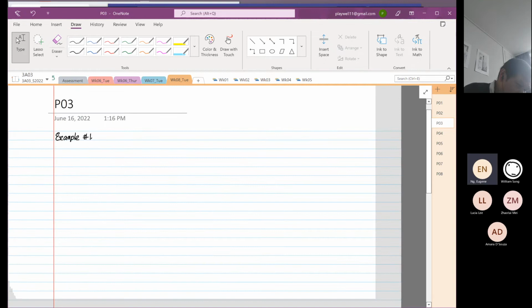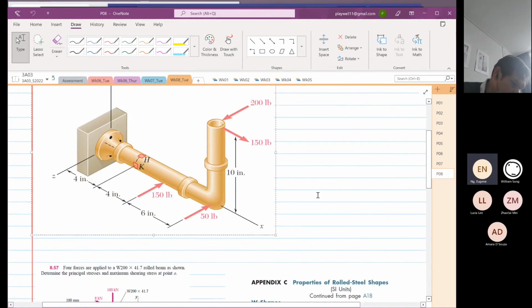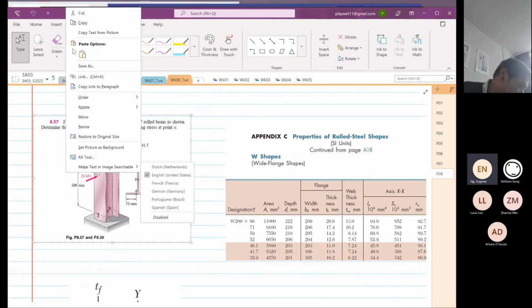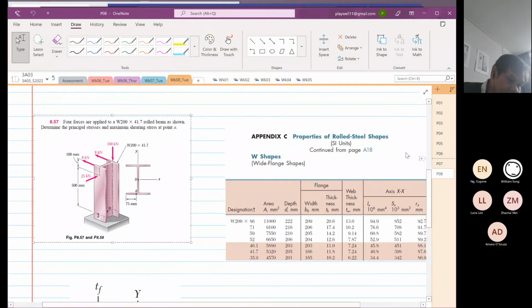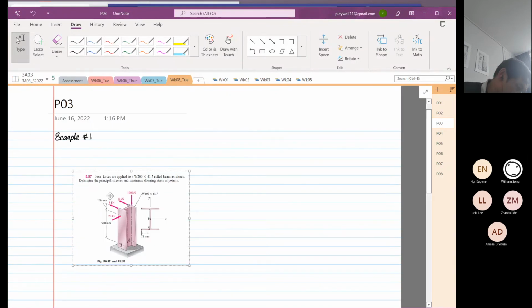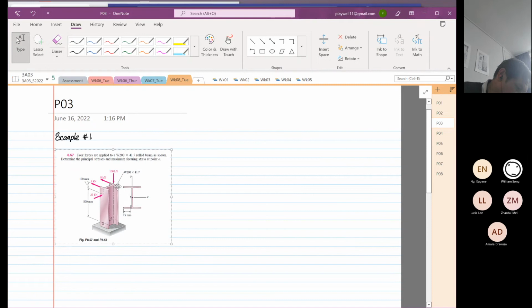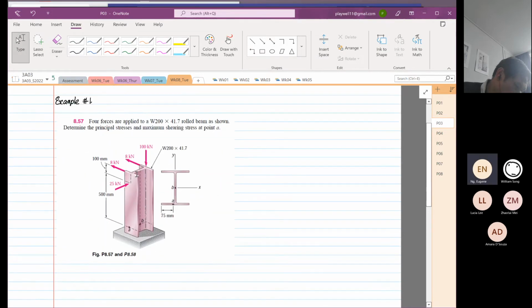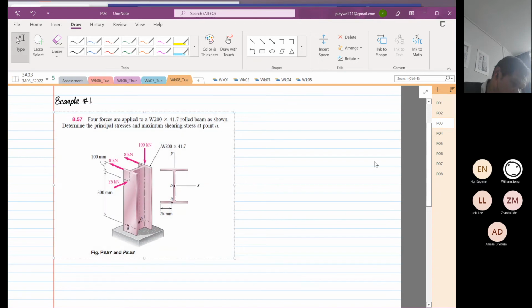Okay, now I've posted this example on Avenue to Learn. You should go to Avenue to Learn to load the image and everything. Okay, so let me copy. Let me blow this up so one can see.